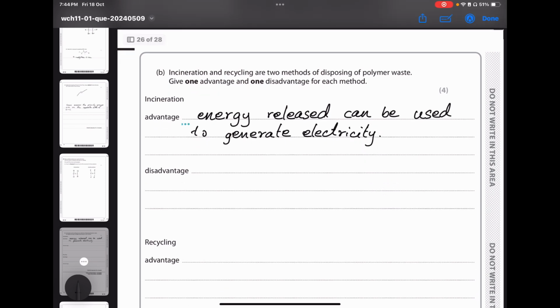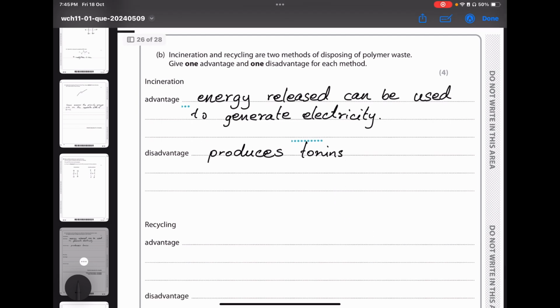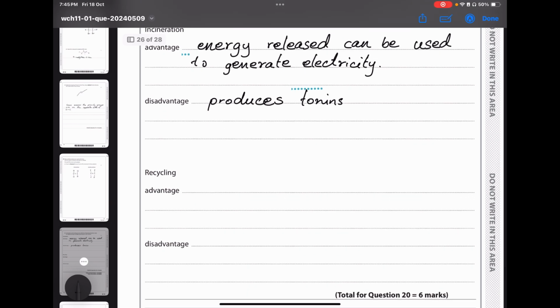And the disadvantage, it produces toxins, because it can contain multiple different elements which will be reacting with oxygen to produce toxic gases.